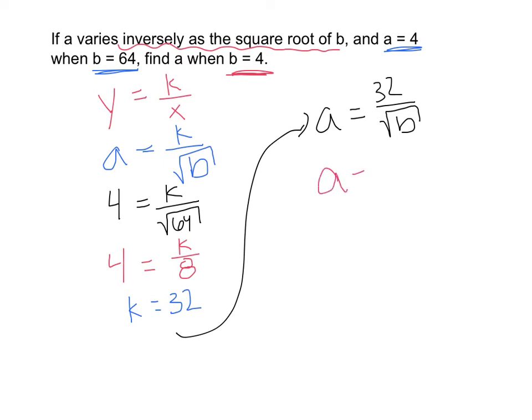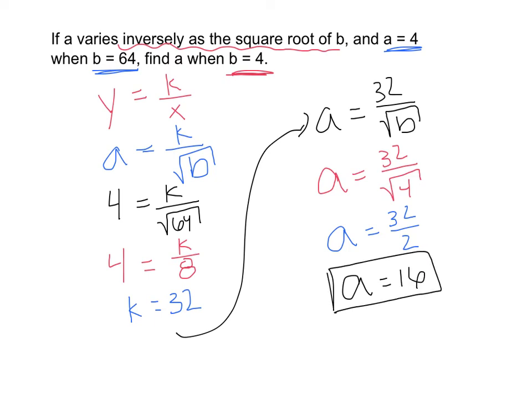So a equals 32 divided by the square root of 4, which means a equals 32 divided by 2. So a equals 16. So the only thing that was different is that instead of writing over x, or in this case over b, we wrote over the square root of b because it varied inversely as the square root of b.